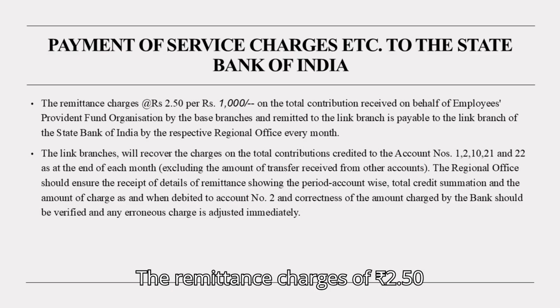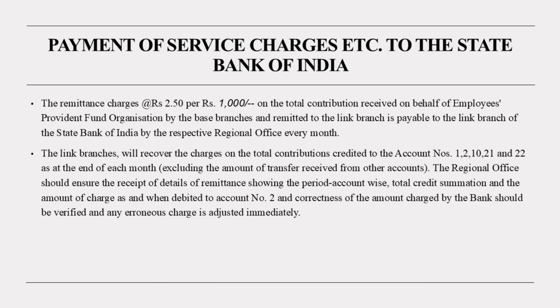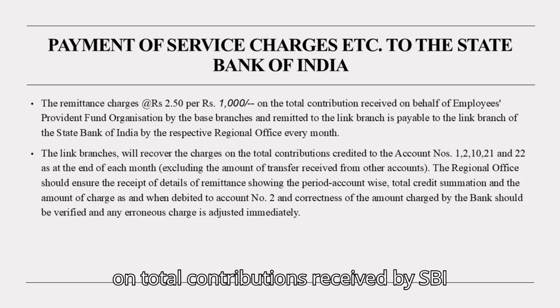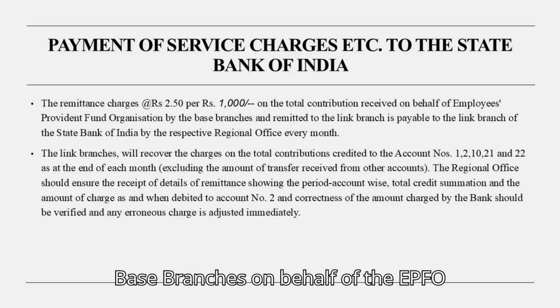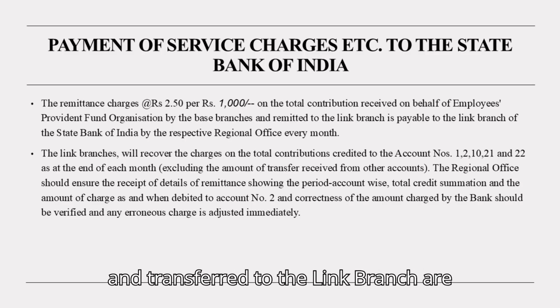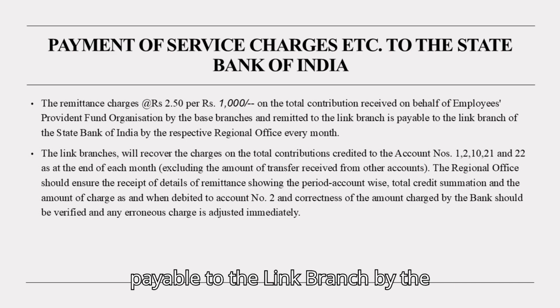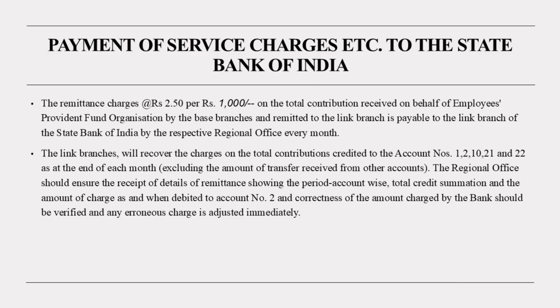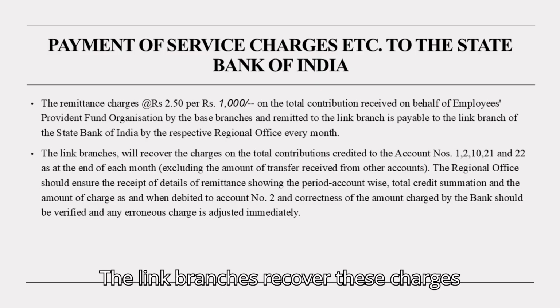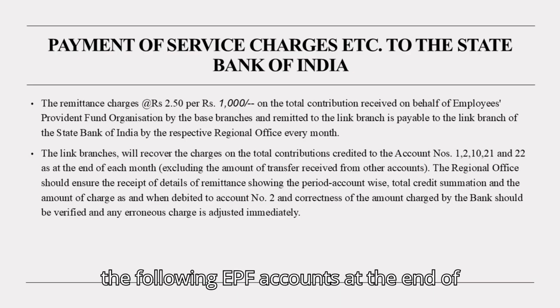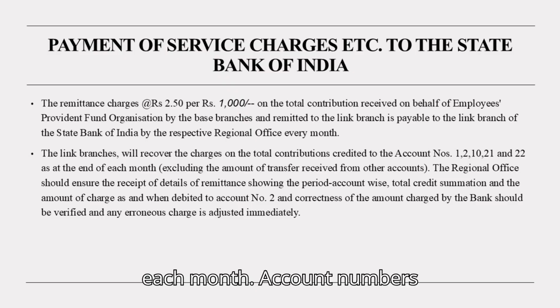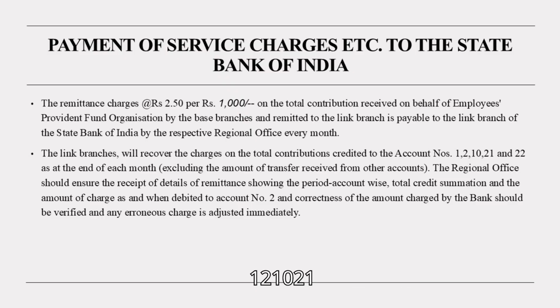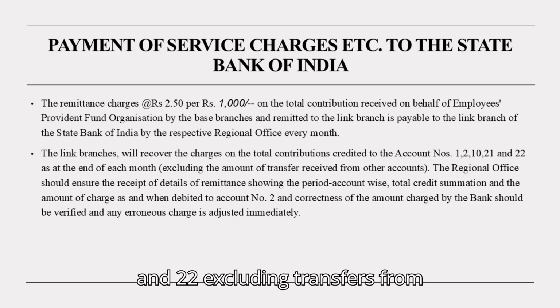The remittance charges of ₹2.50 per 1,000 rupees on total contributions received by SBI base branches on behalf of the EPFO and transferred to the link branch are payable to the link branch by the respective regional office every month. The link branches recover these charges on the total contributions credited to the following EPF accounts at the end of each month: account numbers 1, 2, 10, 21, and 22, excluding transfers from other accounts.